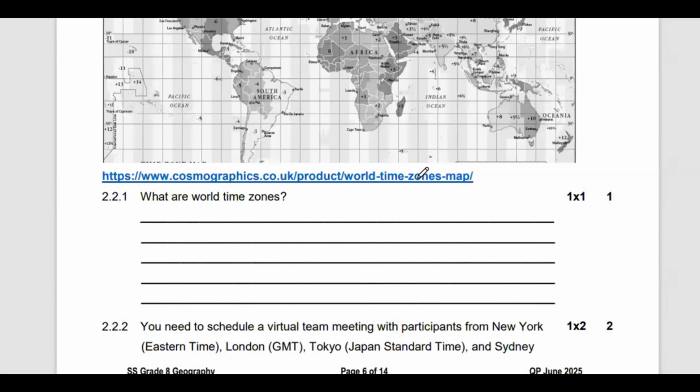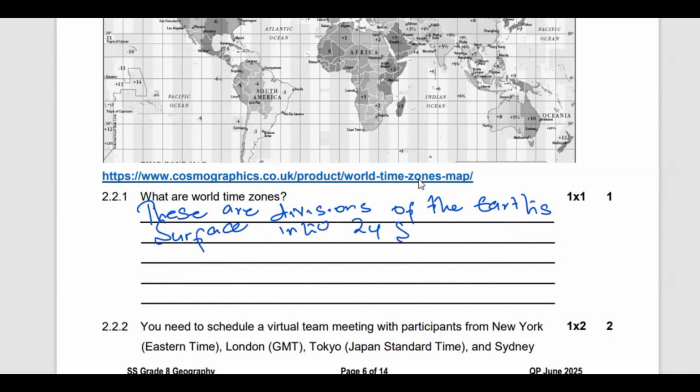When you talk about world zones, these are divisions of the Earth's surface into 24 segments, each representing a different standard time.